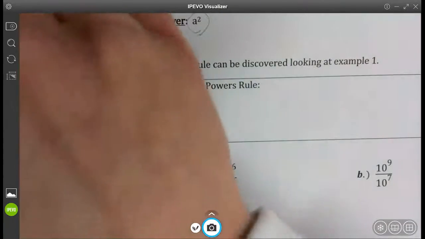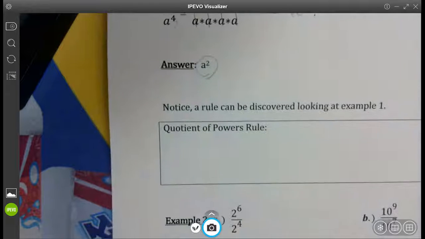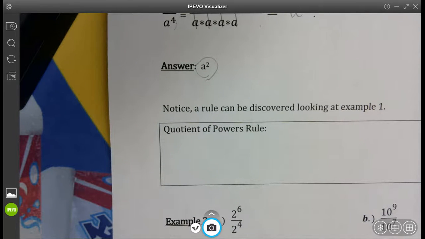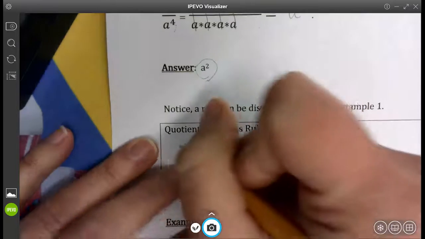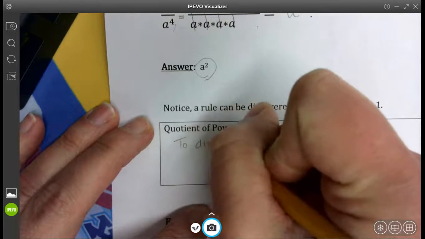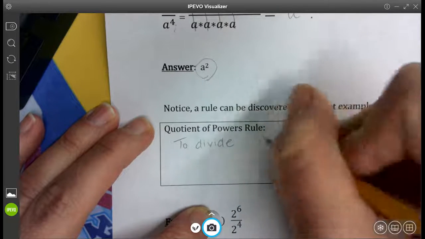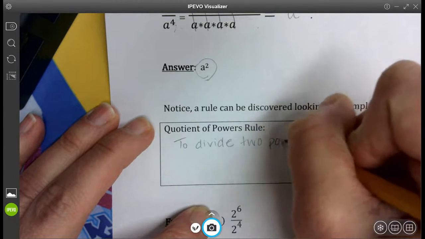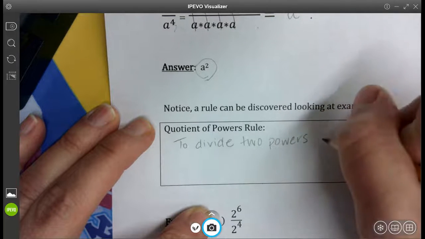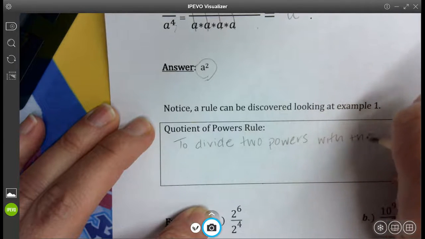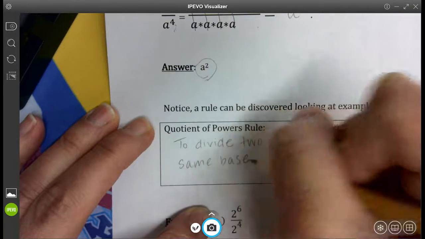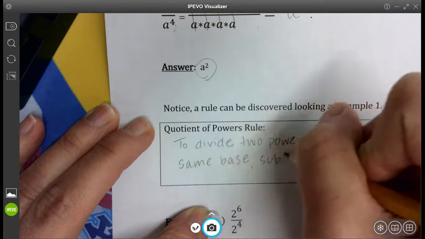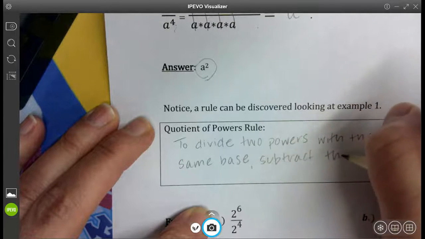Now, there's a rule that can be discovered using that example. It's called the quotient of powers rule. To divide two powers with the same base, subtract the exponents.